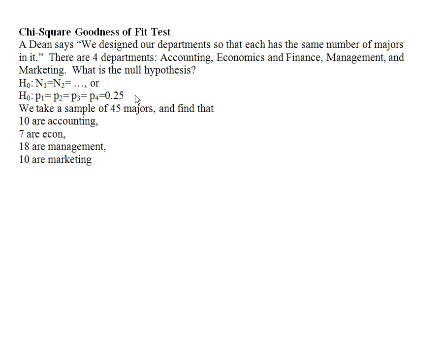Now, just a note here, we could just as easily have a null hypothesis saying that P1 is 10%, P2 is 30%, P3 is 40%, and P, etc. As long as those probabilities or proportions add up to 1 or 100%, they don't all have to be equal. I'm just doing that for simplicity.